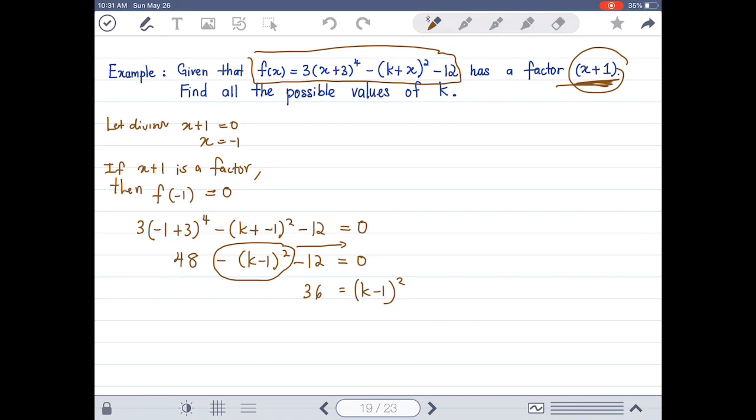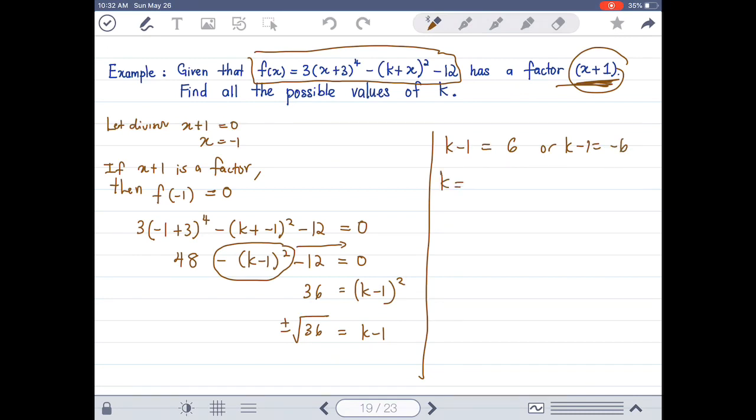So k minus 1 equals plus minus square root of 36. So we have k minus 1 equals 6, or k minus 1 equals negative 6.